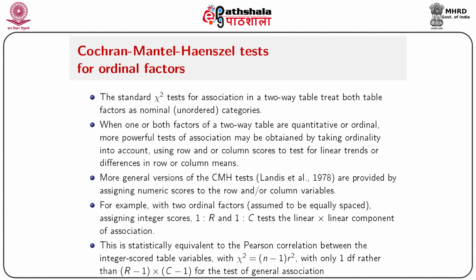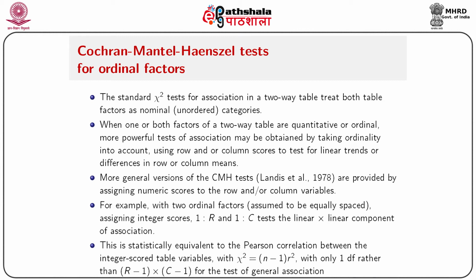More general versions of the CMH test are provided by assigning a numerical score to the rows and columns; equidistant scores can be assigned. For example, with two ordinal factors, say R and C, we can assign scores for row 1 to R and for column 1 to C, where R rows and C columns are available in the table.